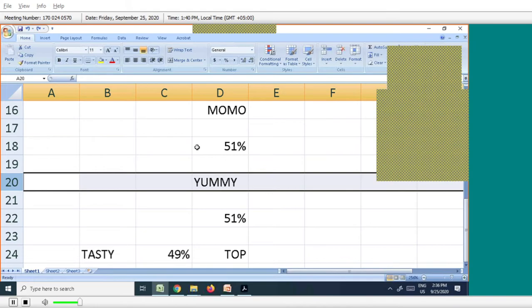Momo does not have any share directly in top, but indirectly they do. How? Because Momo has 51% shares in ME, so whatever Momo says, ME should do.